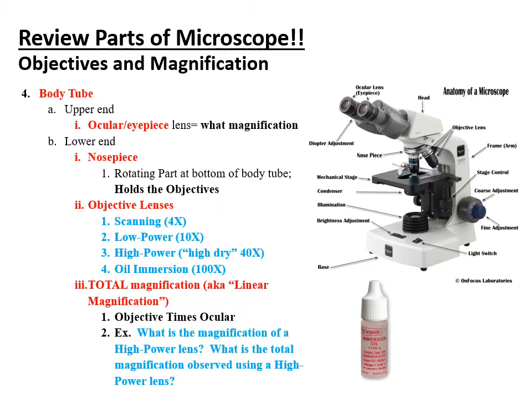Okay, in addition to those other parts, your microscope also has a body tube, which on some of them will be a very long tube. On others, it's kind of this almost curved shape that connects the ocular and the nose piece. Now, with that body tube, you notice the top portion has the oculars or the eyepieces, which are where you put your eyes.